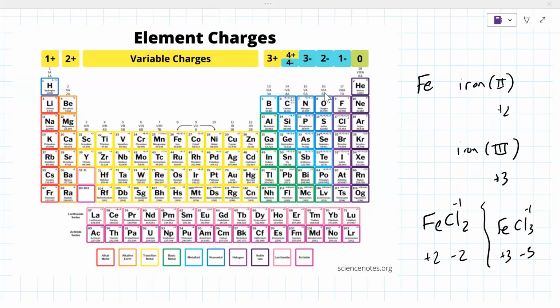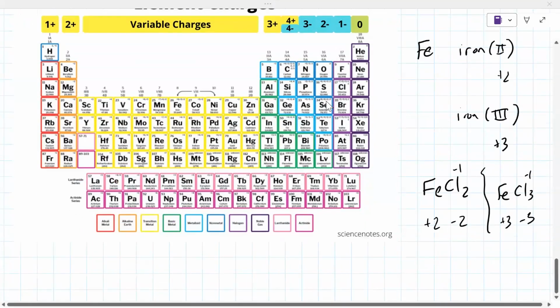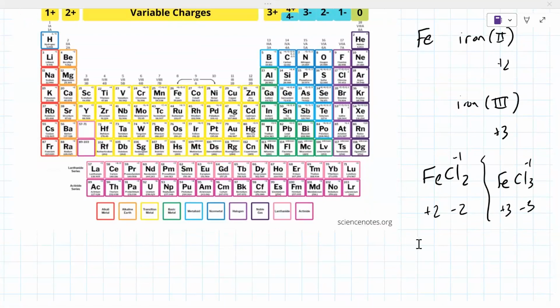Like the fact that O is 2 minus. So if it's AuO, then O is minus 2, so Au must be plus 2 because the net charge is 0 on these. Okay.